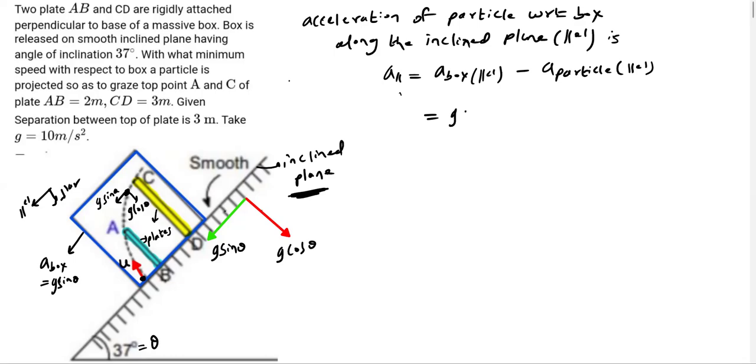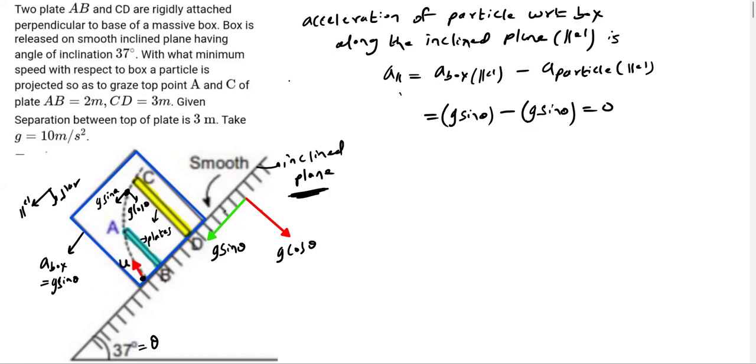Acceleration of box along the incline, g sin theta. Acceleration of particle, g sin theta. So this will be 0. Therefore the acceleration of the particle along the incline with respect to the box will be 0.